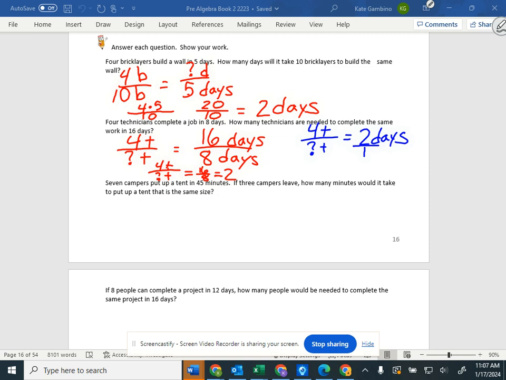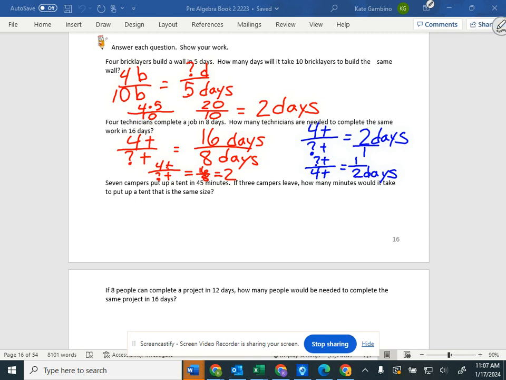So we would have question mark technicians over 4 technicians. That 2 days over 1, we would put 1 over 2 days. Does that make sense? So Lucas said we have to just swap it. We're going to flip.